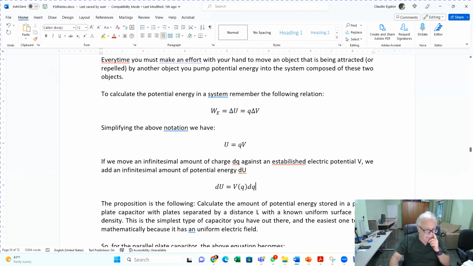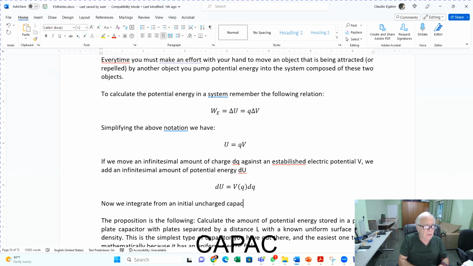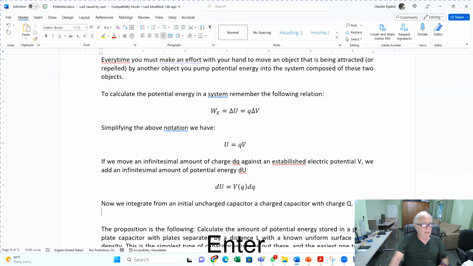So in the next step, what do you do? We are going to integrate this equation. Now we integrate from an initial uncharged capacitor to a charged capacitor with charge Q. Okay? And how do we do that?